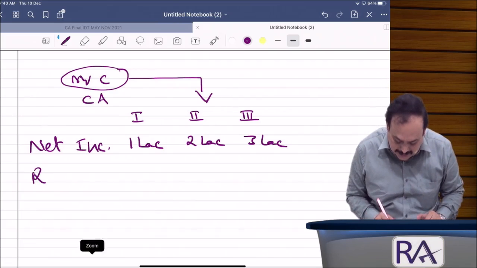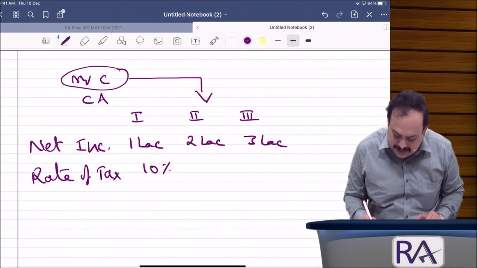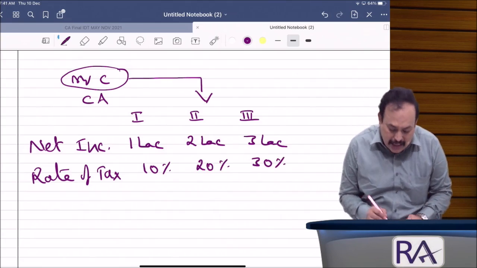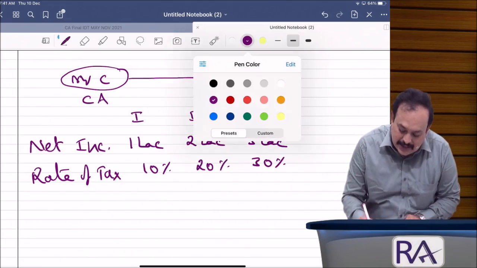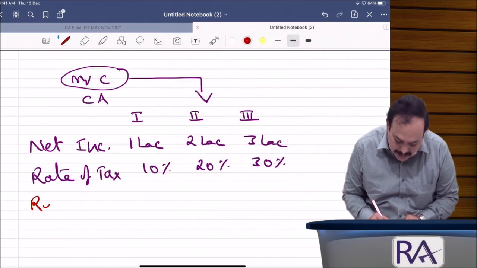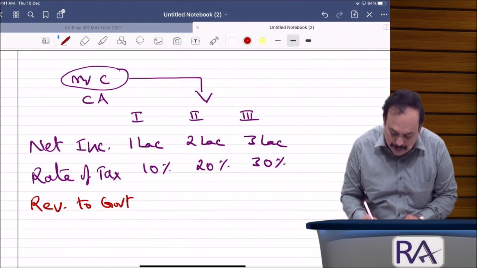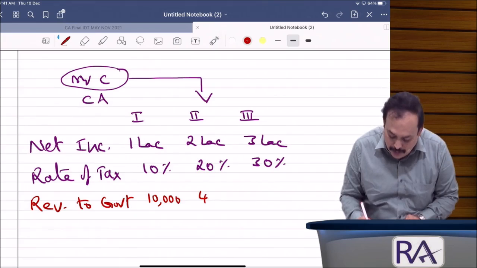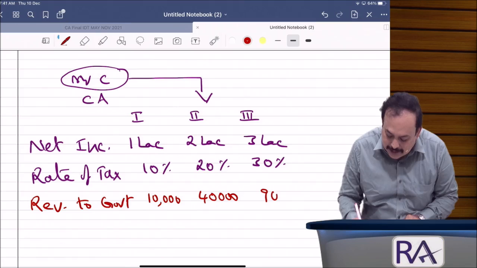So the rate of tax, let us say for example, 10% in this year, 20% in this year, 30% in this year, resulting in revenue to the government of rupees 10,000, here rupees 40,000, here 90,000.